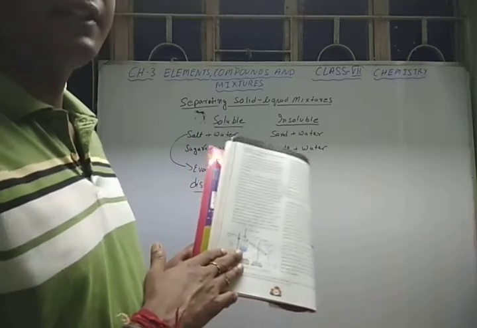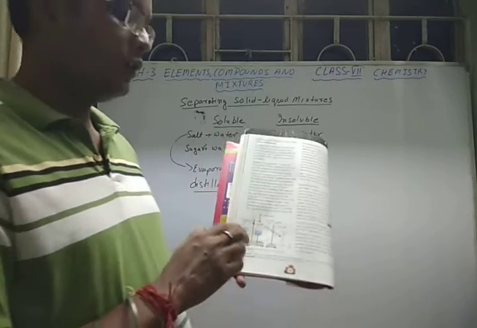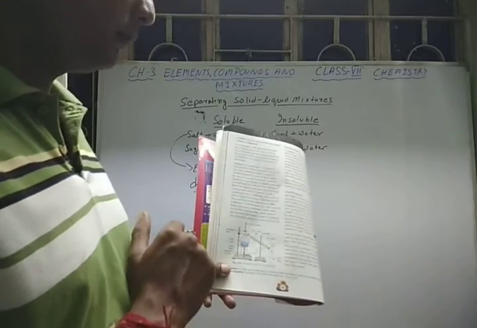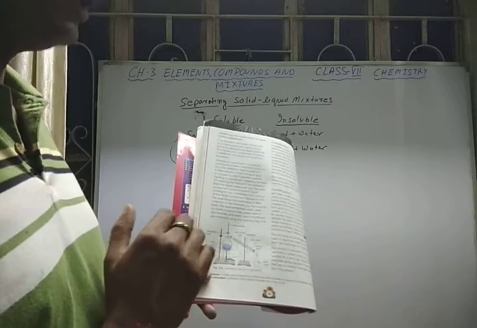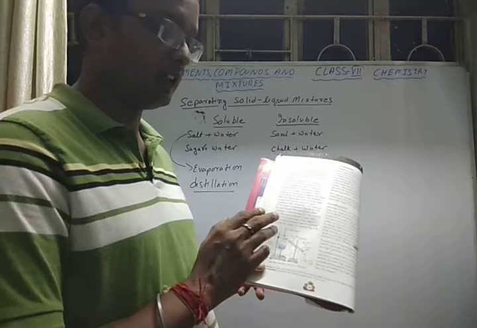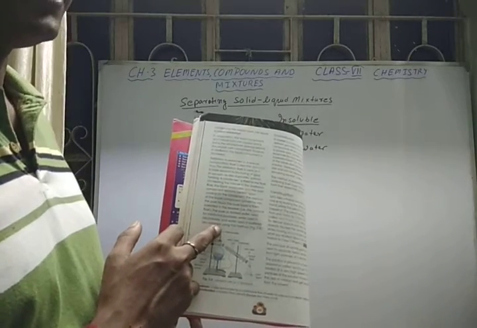So when you do this distillation process, we have to heat it. When you heat the solution with the help of a Bunsen burner, the liquid, the solvent, will start evaporating, and you should watch the temperature here.